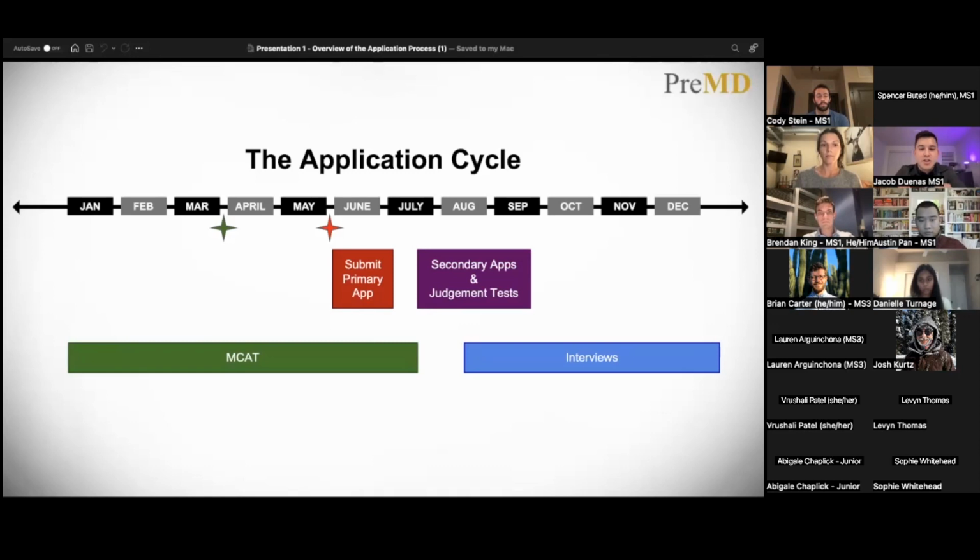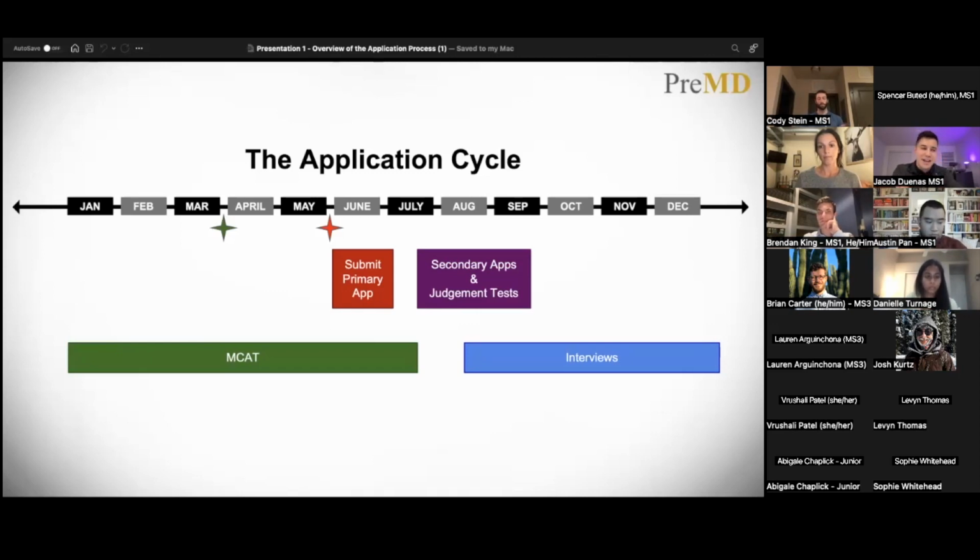Then usually there's a bit of a pause or break, the point between when you submit and when you start hearing back for secondary applications. This is also the time when you'll start doing certain tests like Casper, the situational judgment test through AAMC.